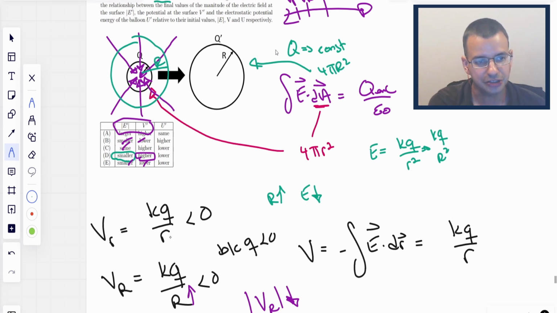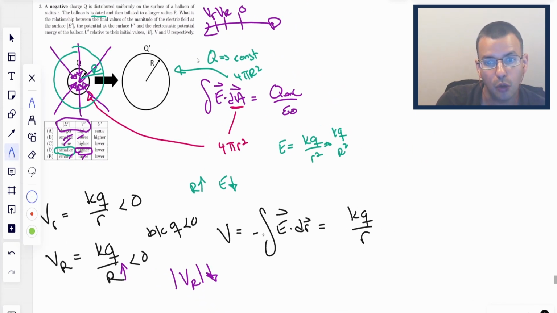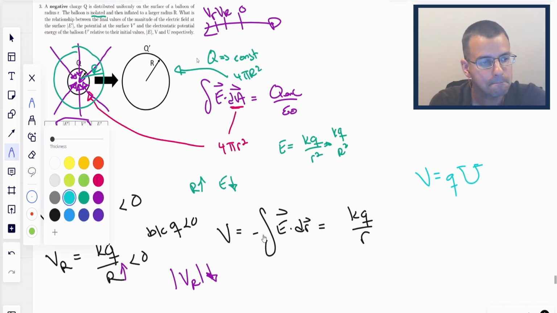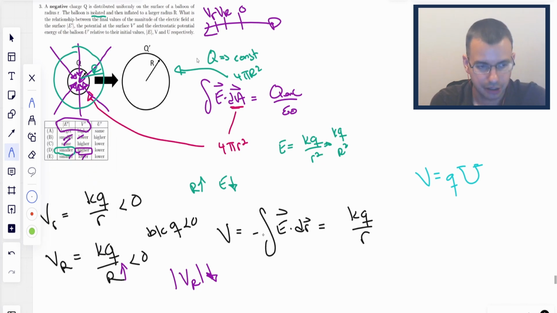And then potential energy. There's different ways of thinking about potential energy. One way you can think of it is V equals Q times U. But energy is usually thought of as a magnitude.